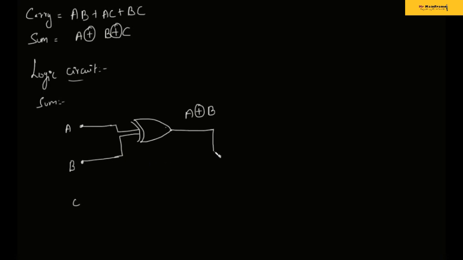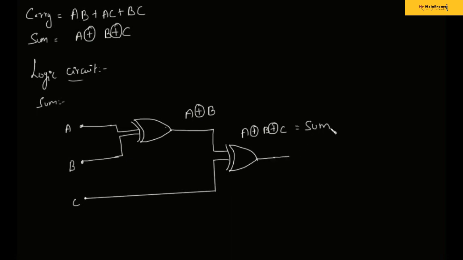The next one should be connected with C, and you need one more XOR gate for this. If you connect C with this, taking a lead from C, this is nothing but A XOR B XOR C. That is equal to the sum. Hope you understand this.